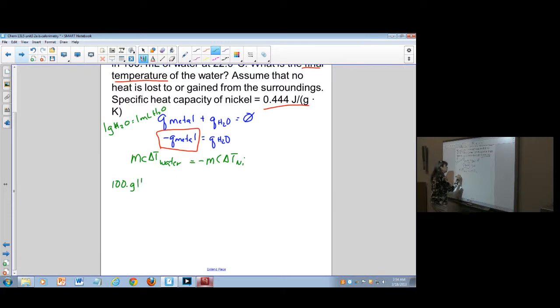100 grams of H2O times 4.184 joules per gram degree Celsius times the final temperature, which I don't know, minus what temperature it started at, which was 22 degrees.